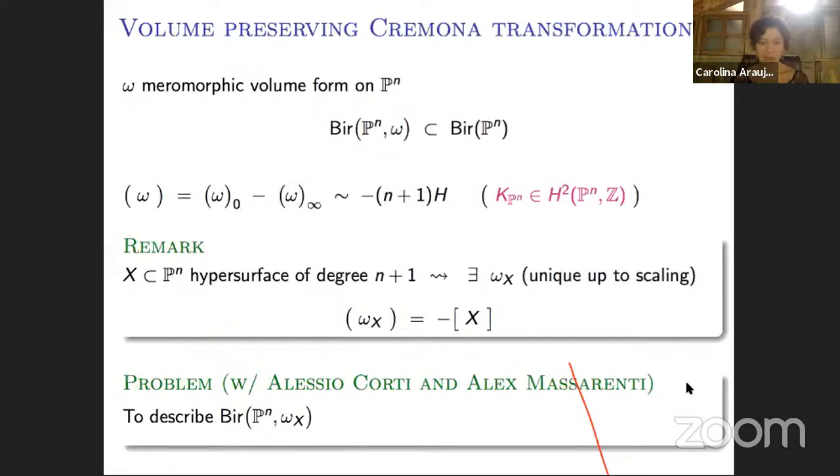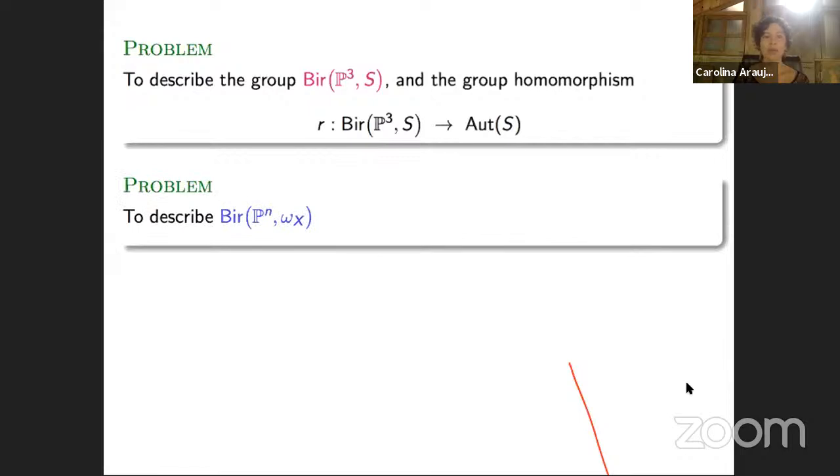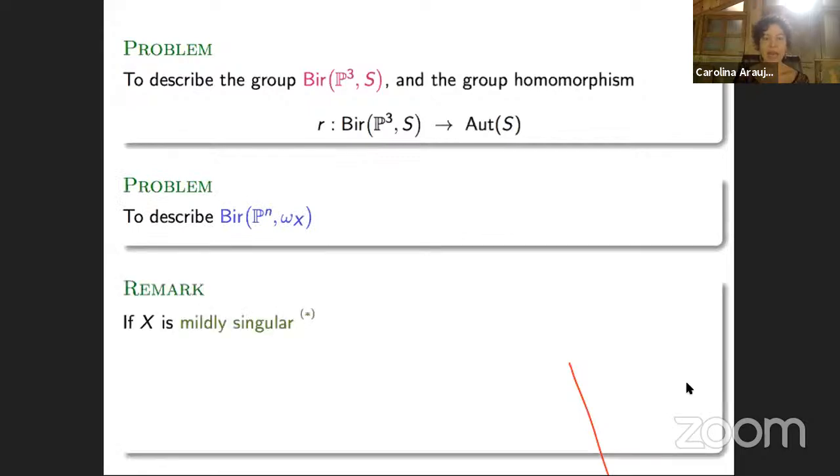And then the problem that we have been considering is to describe this group of Cremona transformations that preserve this volume form. Now we want to understand this group, and the remark here is that when the hypersurface X is mildly singular, you can think of it as being smooth, then the condition of preserving the form is the same thing as stabilizing the hypersurface.